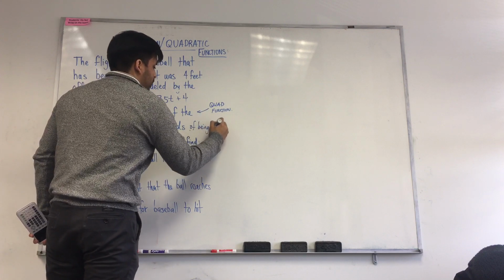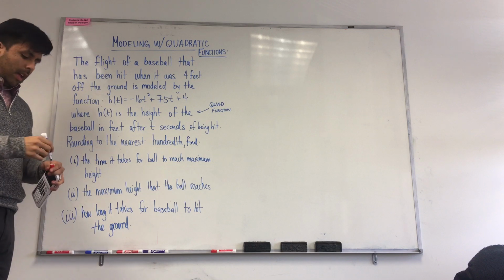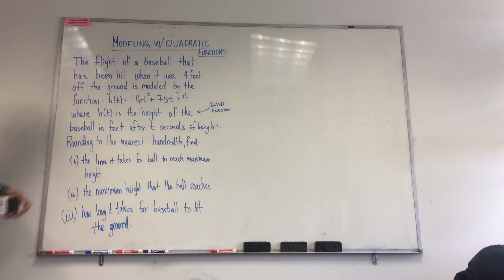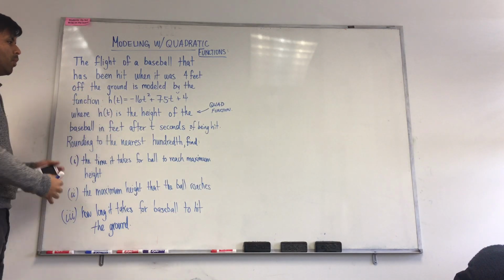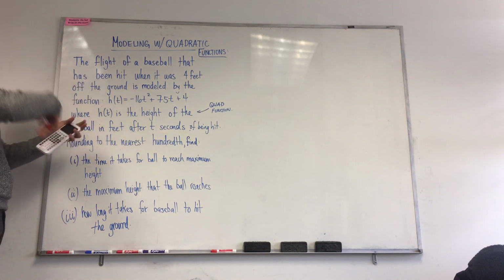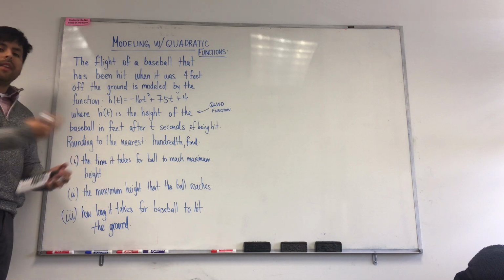So we need to be able to decipher all of these letters and their respective meaning in the context of the problem, because all of these letters will mean different things in different contexts. So we need to be very familiar with the context that we're given, which is a ball in the air, right?